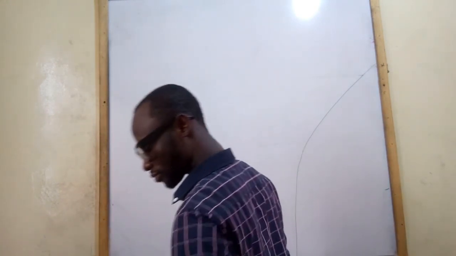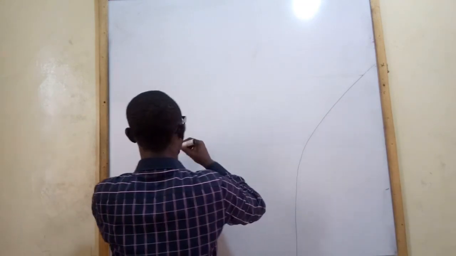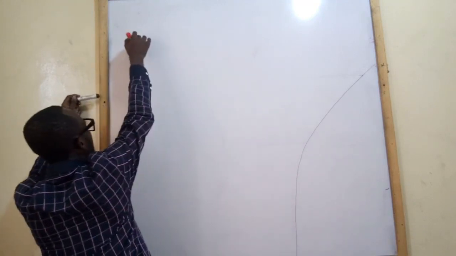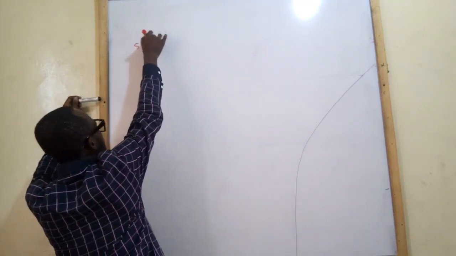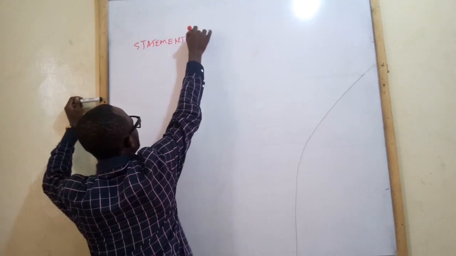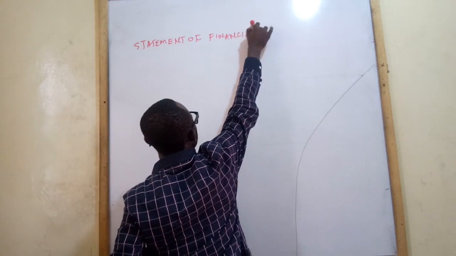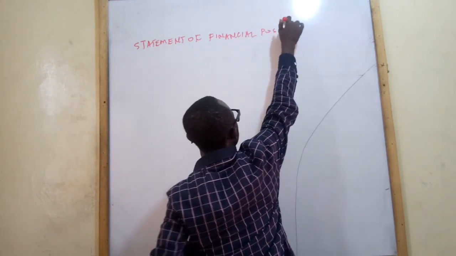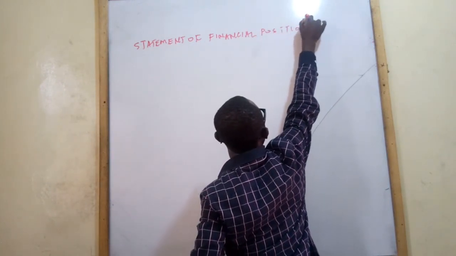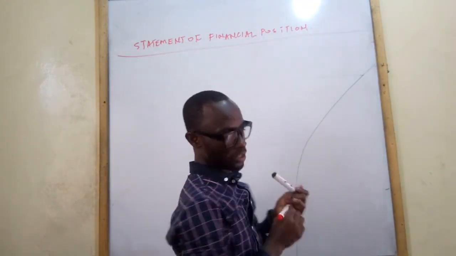So now that we finished that, what we do is to prepare the statement of financial position for the consolidated fund. So let's look at that. Statement of financial position. So statement of financial position for the consolidated fund.